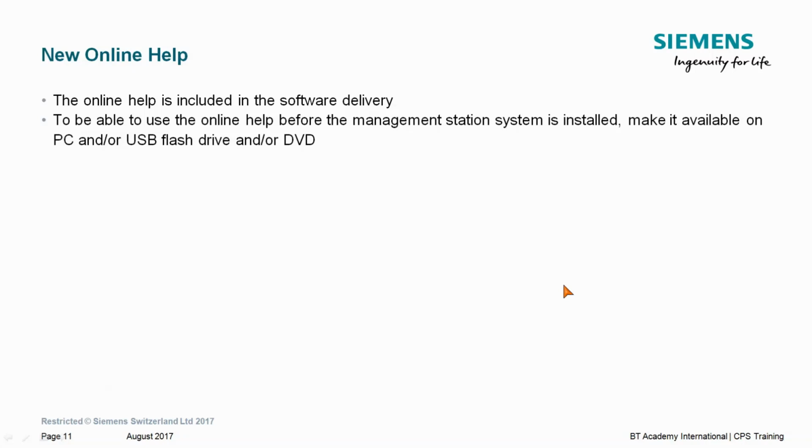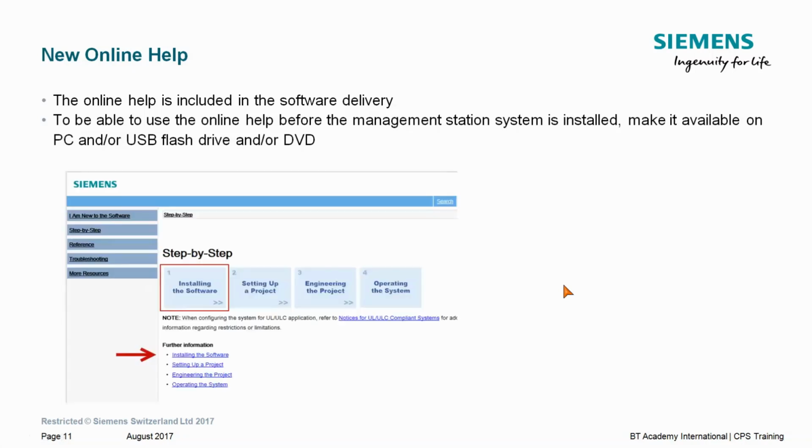When you start the online help, this is more or less the way it looks. When you select the step-by-step guidance here, then you see that in the first line, installing the software is the topic, before then setting up a project, engineering a project, and so on.